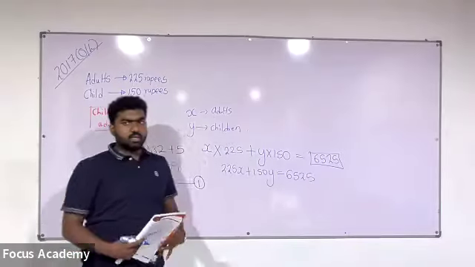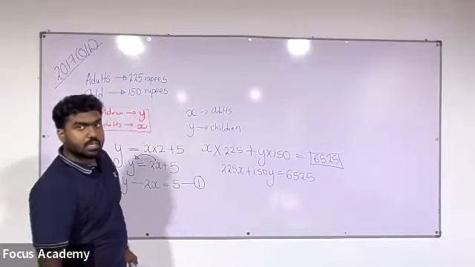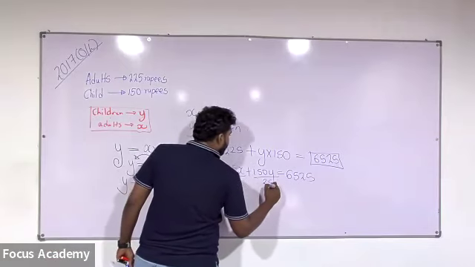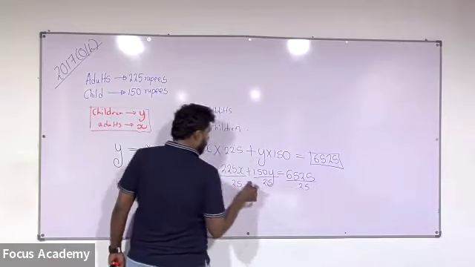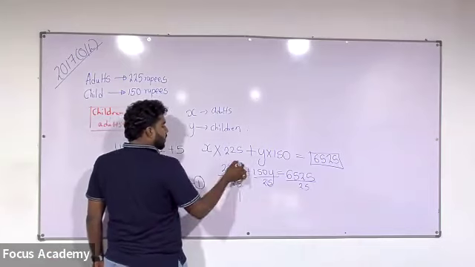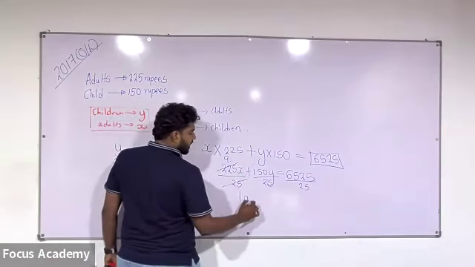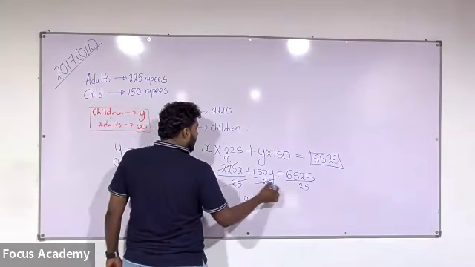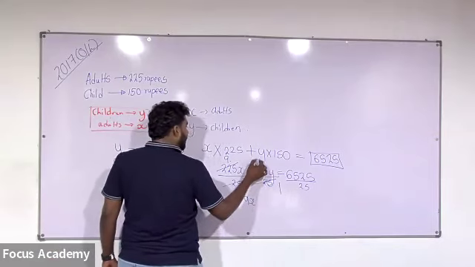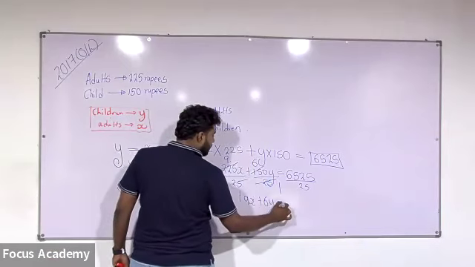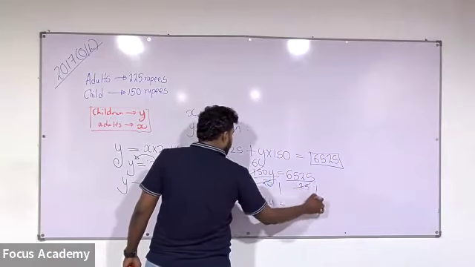You can further simplify. You can divide all the numbers by 25. 25 times 9, so I have 9x. 25 times 6, plus 6y. 25 times what gives 6525?